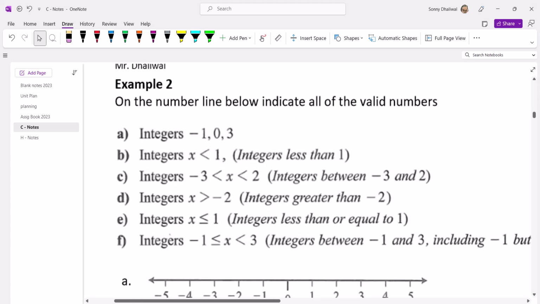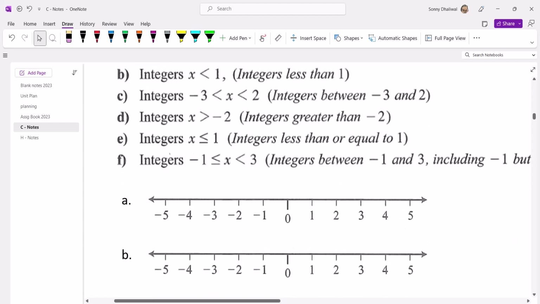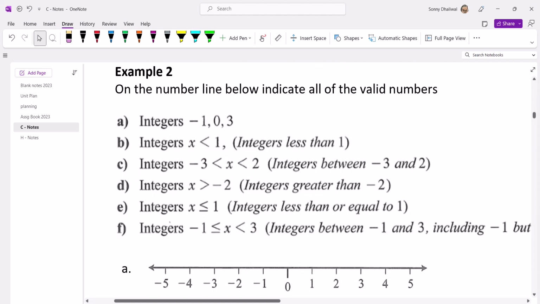Okay. So, I've got all these conditions here. And we're going to try to replace the math sentence here with a picture of what the sentence is saying down here. So we have question A here. The answer for A is going to go here. So this is saying, on the number line, highlight these numbers. -1, 0, 3.